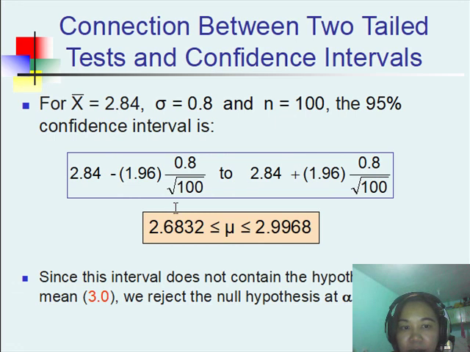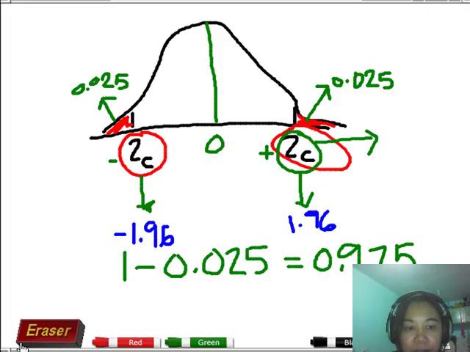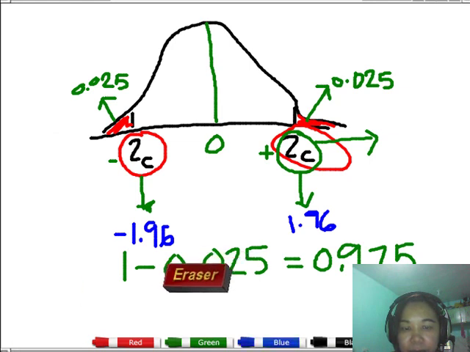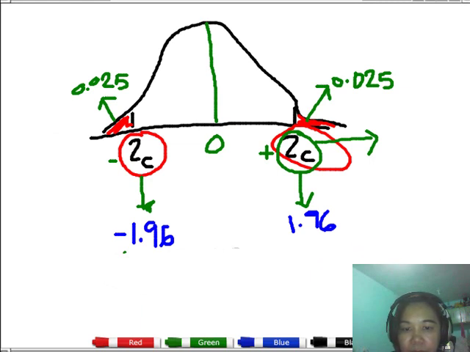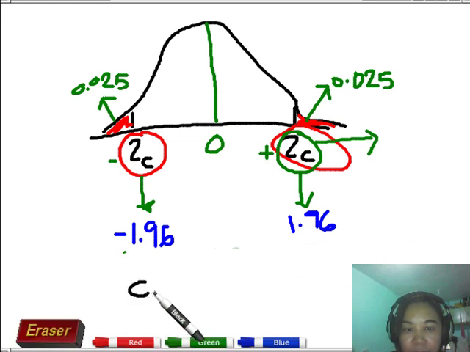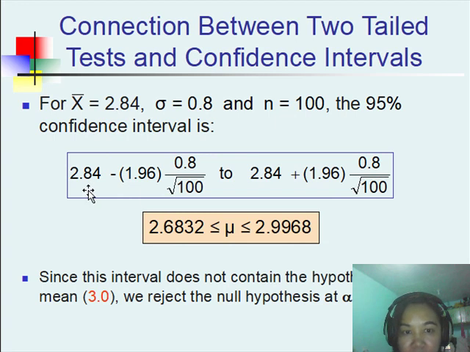So the confidence interval, the CI, is equal to, let us look at here. This is x bar. This is your z alpha over 2. And this is your sigma over square root of n.